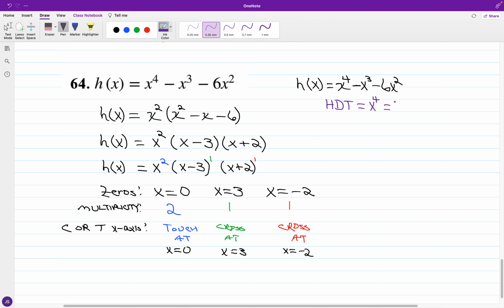So x to the fourth, or 1x to the fourth. For the coefficient a of n, you have 1, which is positive, and we have the degree n to be 4.